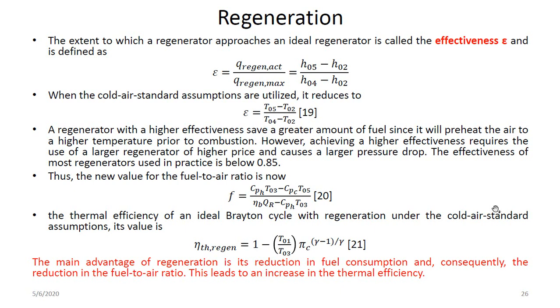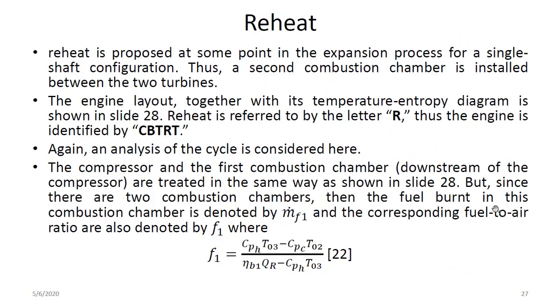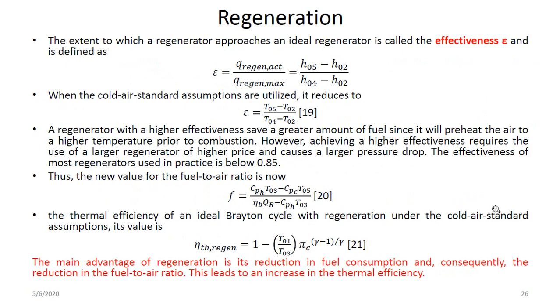Then, as I earlier alluded to, the advantages of regeneration are a reduction in fuel consumption and consequently a reduction in the fuel-to-air ratio. This leads to an increase in thermal efficiency, which is a good thing. Okay?